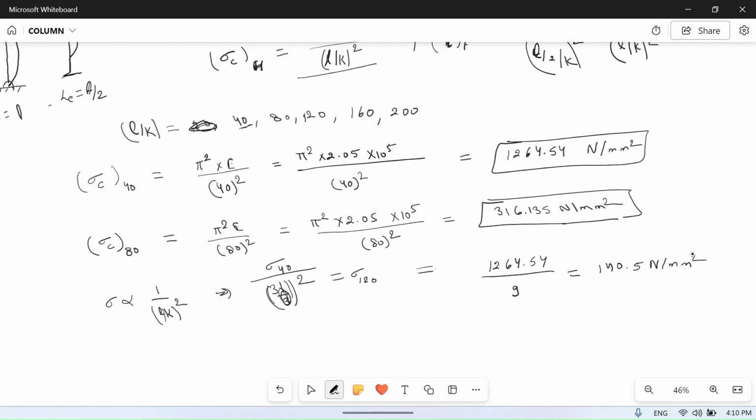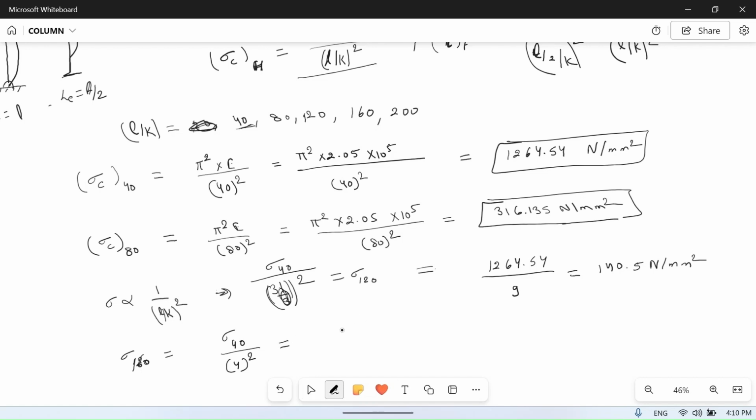Or if you are not comfortable with this, then you can calculate like this by keeping the value of 80, now we can input 120. Now 160, if you want to get for 160, then it is 4 times. So sigma 160 will become sigma 40 divided by 4 square, because 160 is 4 times of 40.